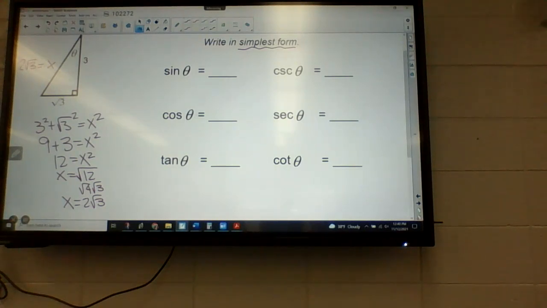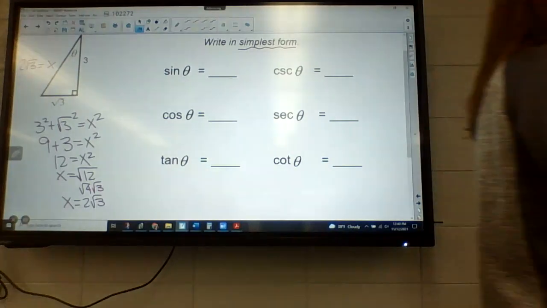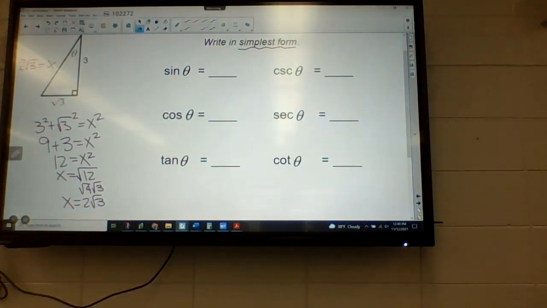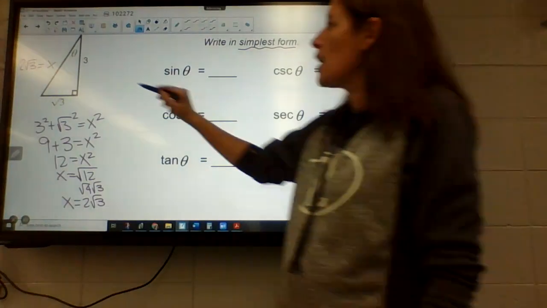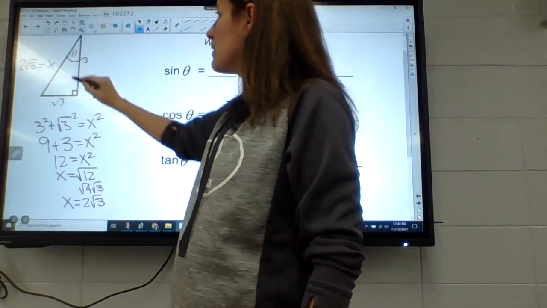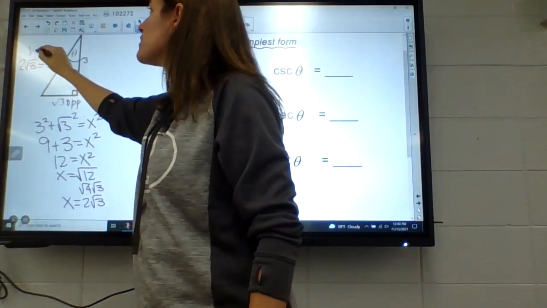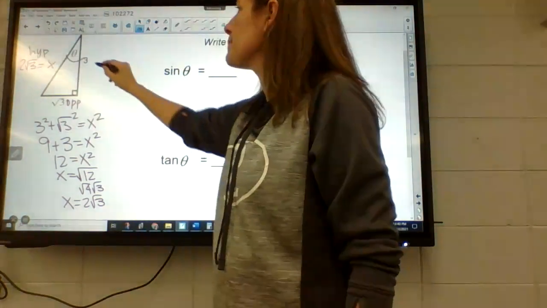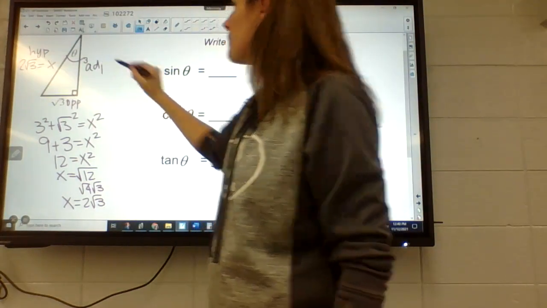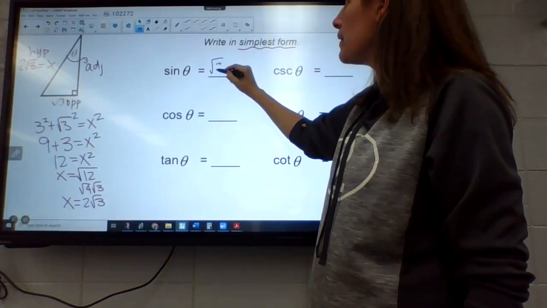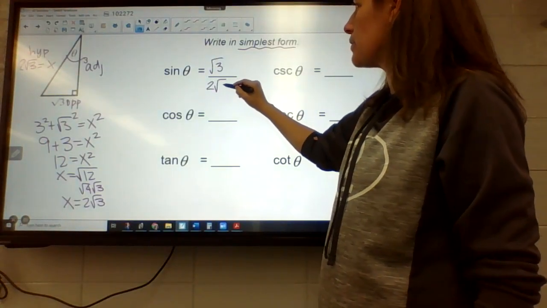So we're going to do all these different trig ratios, but then we have to simplify them. Like our warm-up asked us to, we have to simplify, which means we can't have that radical in the denominator. So when I'm talking about the sine, opposite over hypotenuse, I'm going to have square root of 3 over 2 square roots of 3.